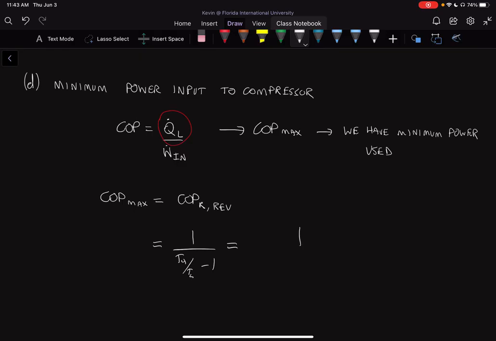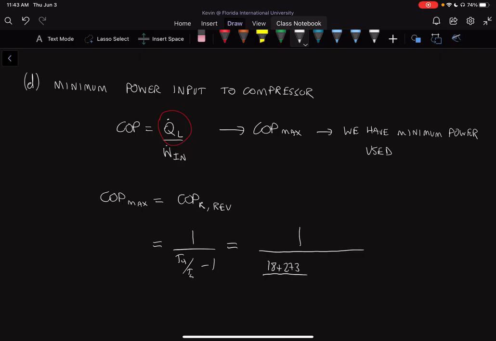So TH is actually the temperature of the water coming into the heat exchanger. It's 18 degrees Celsius. That's the temperature of the water that's exchanging with our system. So we have that this is 18 plus 273.